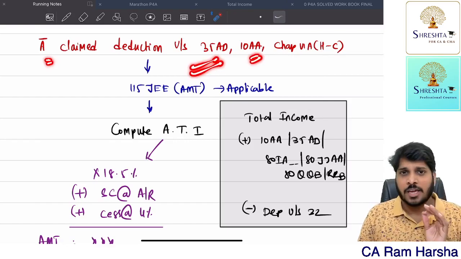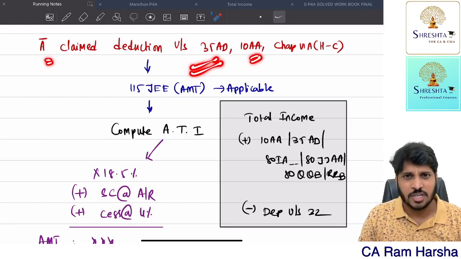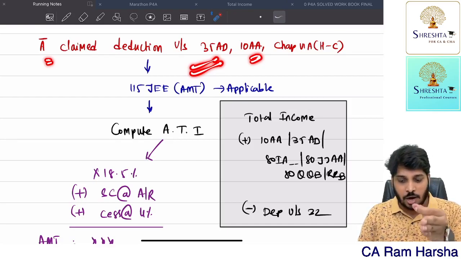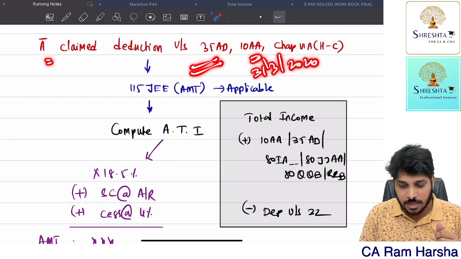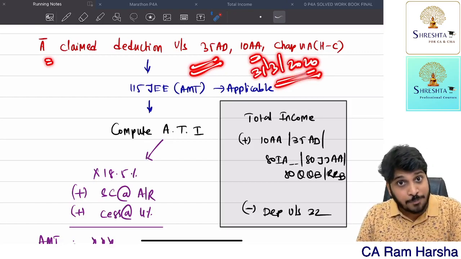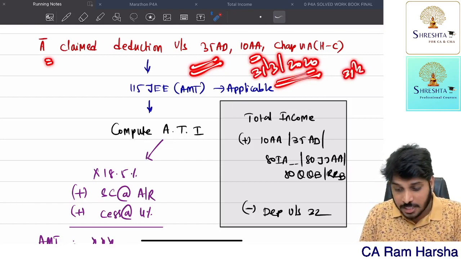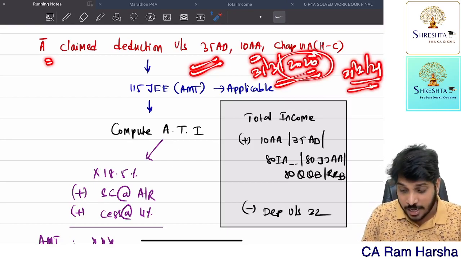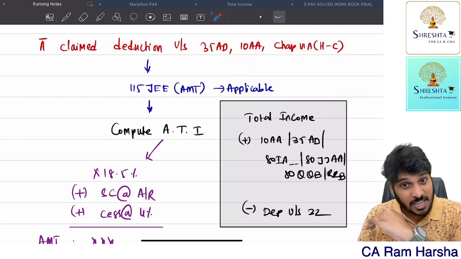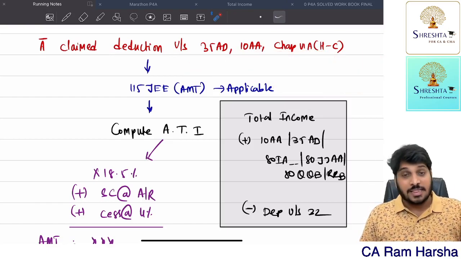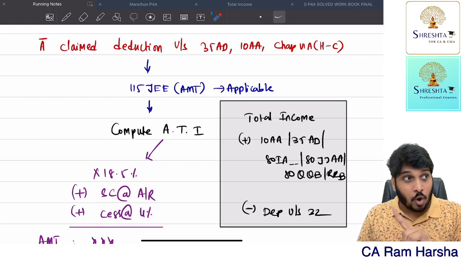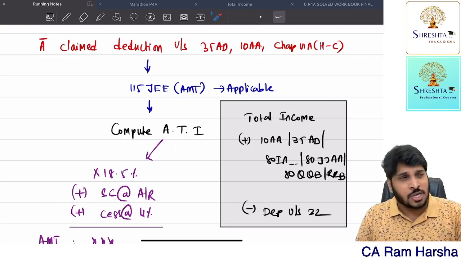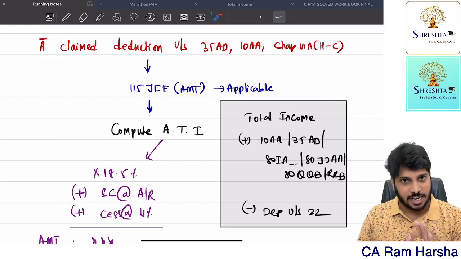10AA: if a person has established any manufacturing unit or is providing services from a special economic zone, where he has commenced operations on or before 31st March 2020, or got approval before 31st March 2020 but started operations on or before 31st March 2021, then for the first 5 years, whatever exports he makes of articles, goods or services, the related profit gets 100% deduction.